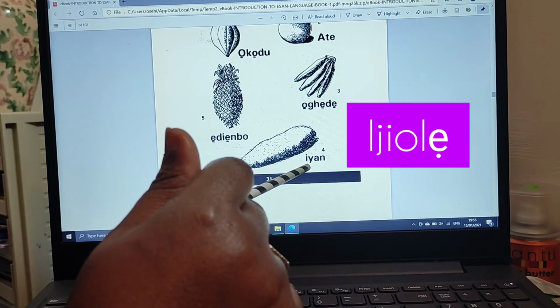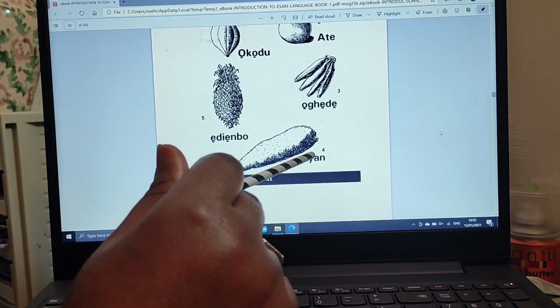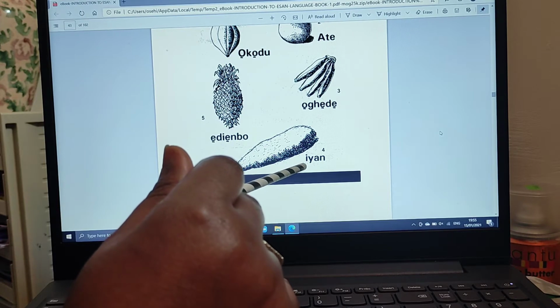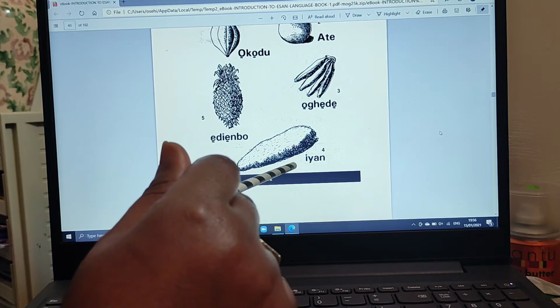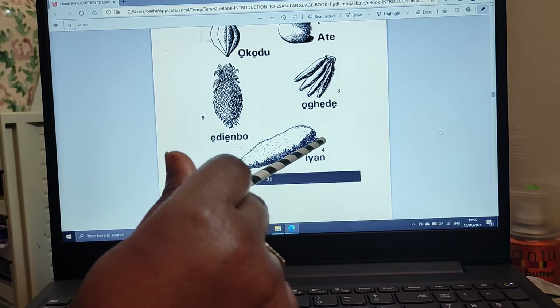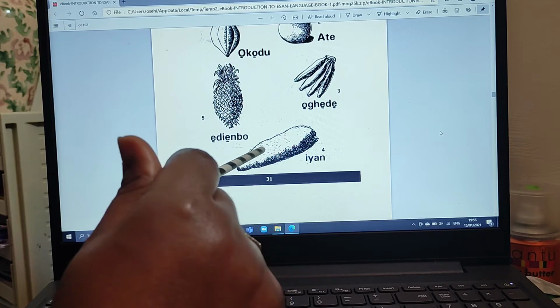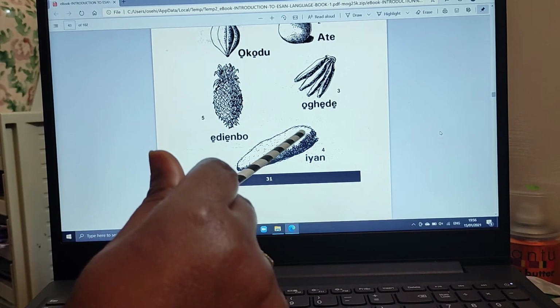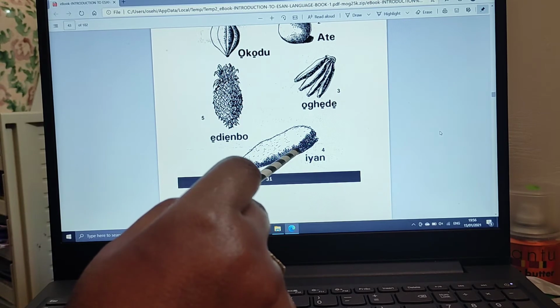There's one other yam I used to like a lot, ihilihu. Ihilihu is a different species of yam, which was just for eating, and you couldn't really pound. You don't really pound ijole and ihilihu. You only pound the yam, and the yam comes in different species. We have the yellow yam, we have the white yam.